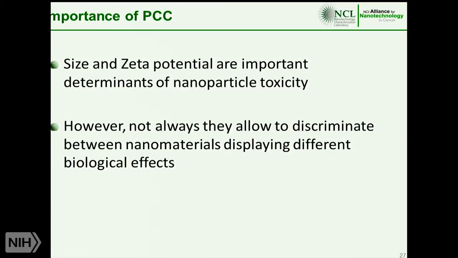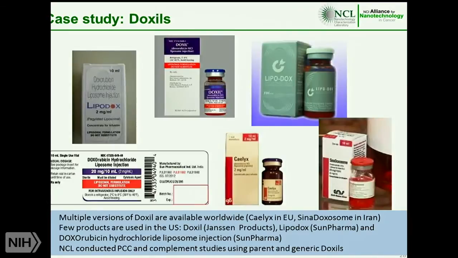So I hope that by now I convinced you that particle size and zeta potential are important determinants of nanoparticle toxicity. However, they do not always allow us to discriminate between nanomaterials displaying different biological effects. As a case study, I would like again to use Doxil, which is pegylated liposomal doxorubicin. There are many formulations of Doxil available worldwide.